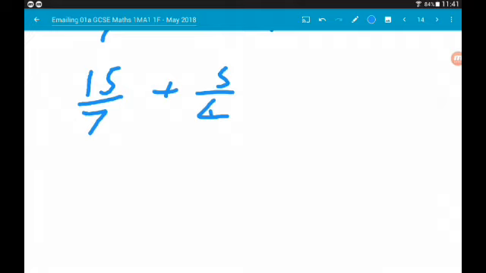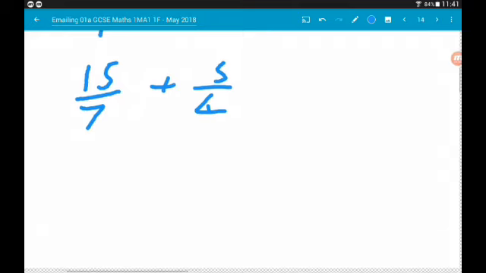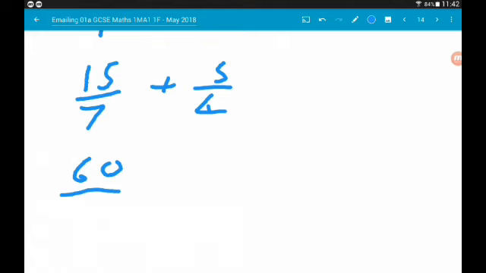So now we need to think, what is the smallest number 7 and 4 both go into, which is 28. So we're going to multiply 15 over 7 by 4 on the top and on the bottom. 4 times 15 is 60. 4 times 7 is 28.